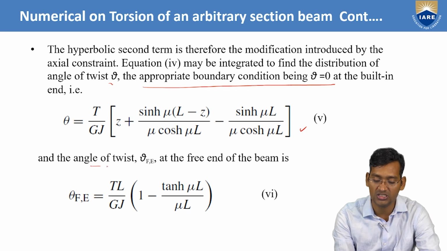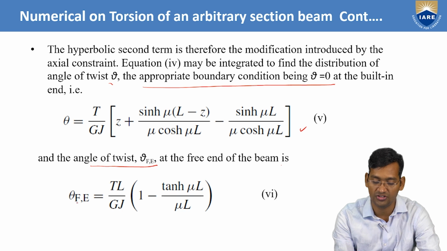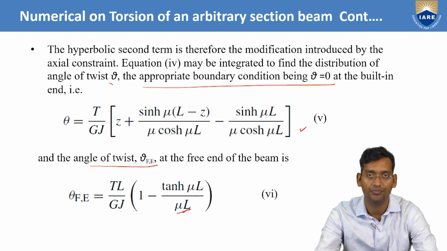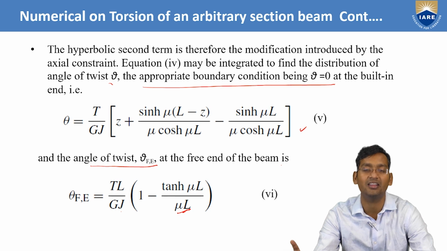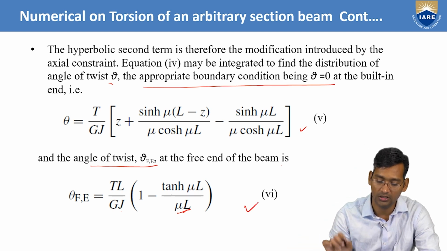And the angle of twist at the free end of the beam, theta Fe, is TL by GJ into 1 minus tanh mu L by mu L. So theta at the free end will be TL by GJ into 1 minus tanh mu L by mu L.